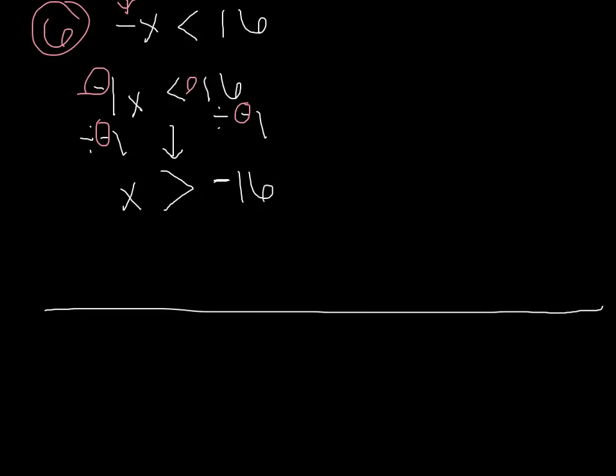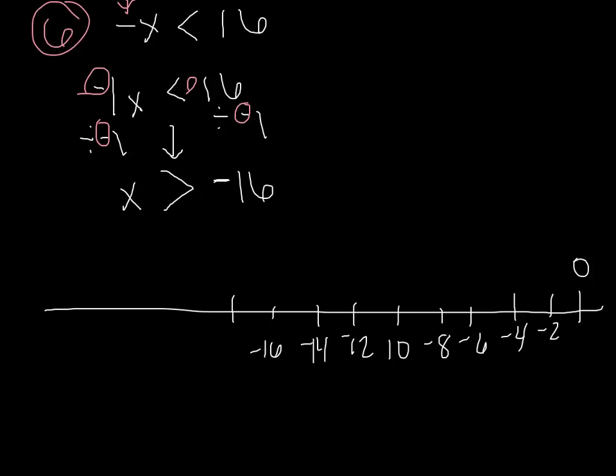So let's graph that. Let's go by 2's. Negative 2, negative 4, negative 6, negative 8, negative 10, negative 12, negative 14, negative 16, negative 18, keep going, negative 20. I'm thinking 2 past is probably good.